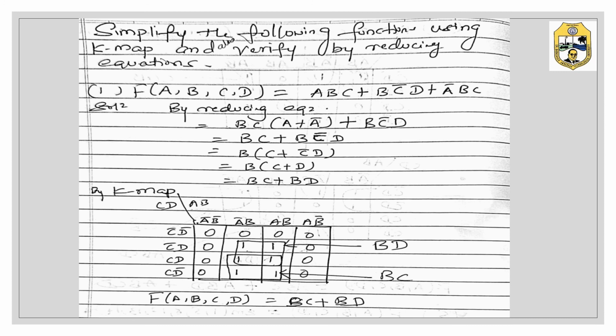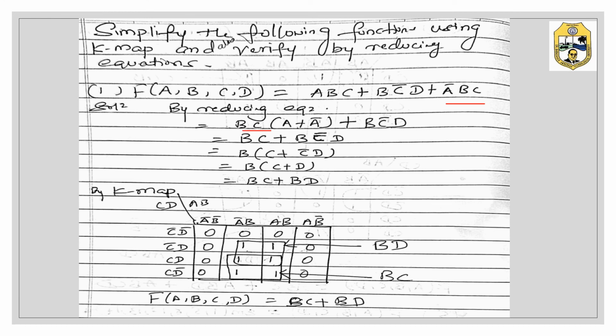Now simplify the following function using K-map and also verify by reducing the equation. Right? So f of a comma b comma c comma d is equal to abc plus b c bar d plus a bar bc. By reducing the equations, how can we write?